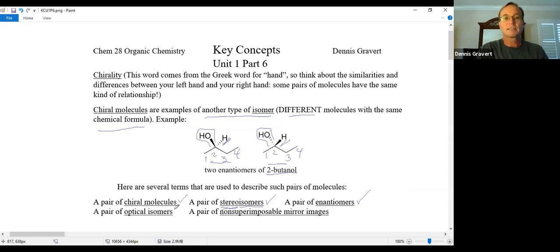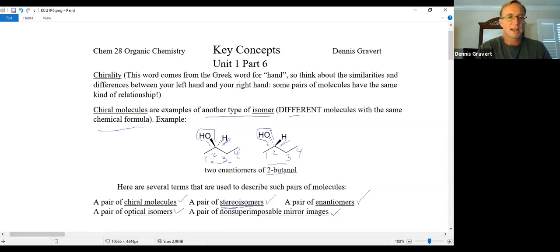And if it does, we can label it a pair of optical isomers. Yeah, more on that in a few minutes. This is another way. This one's also very descriptive. A pair of non-superimposable mirror images.